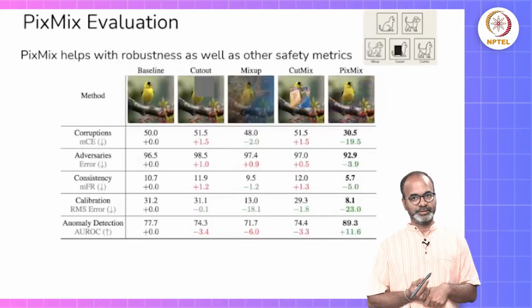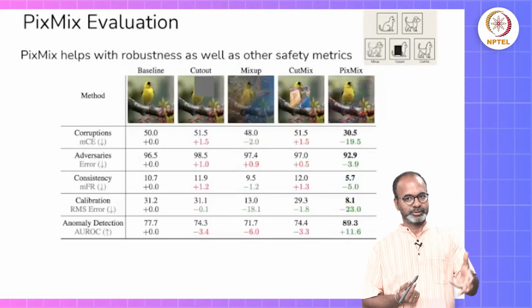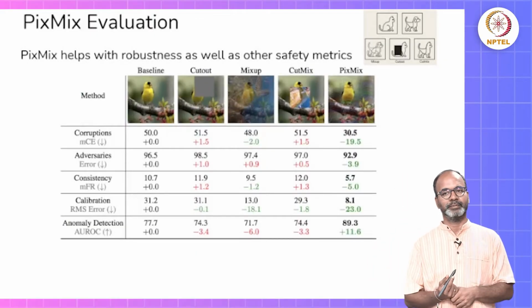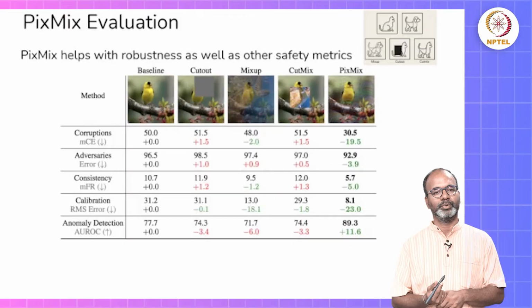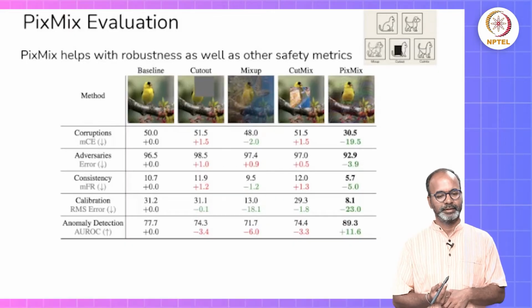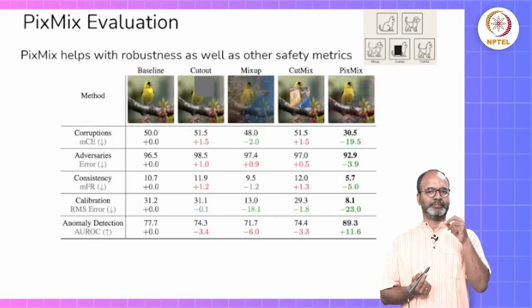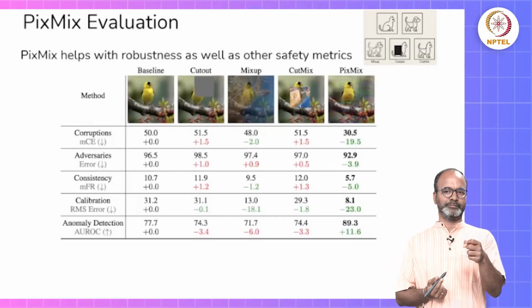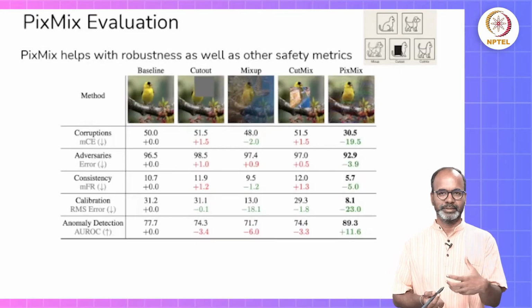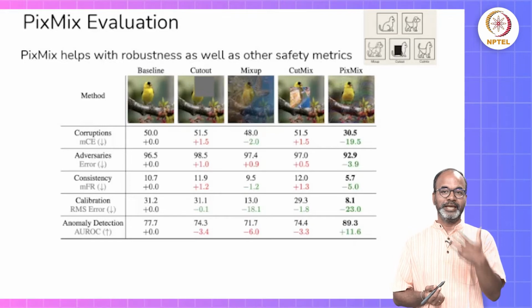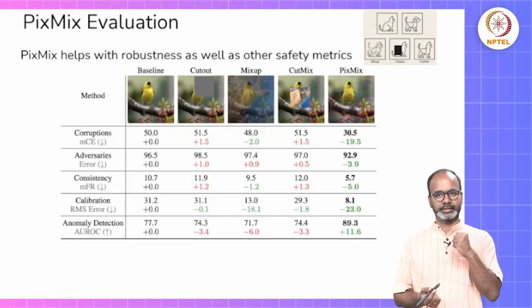PixMix evaluation. Earlier I mentioned that I'll show you some tables which can help you understand how these methods are evaluated. What should you look for, right? I think with these methods, the goal is that we should not lose accuracy, but our safety and robustness should increase.